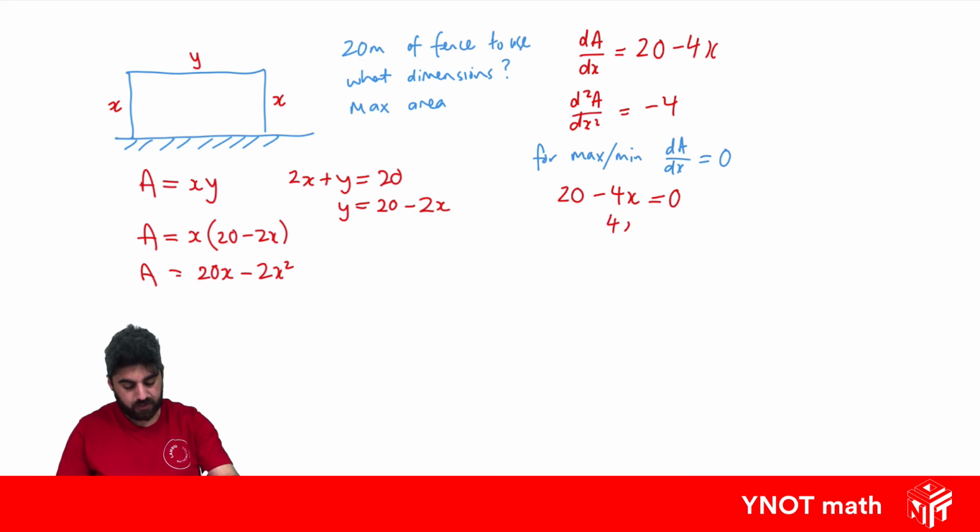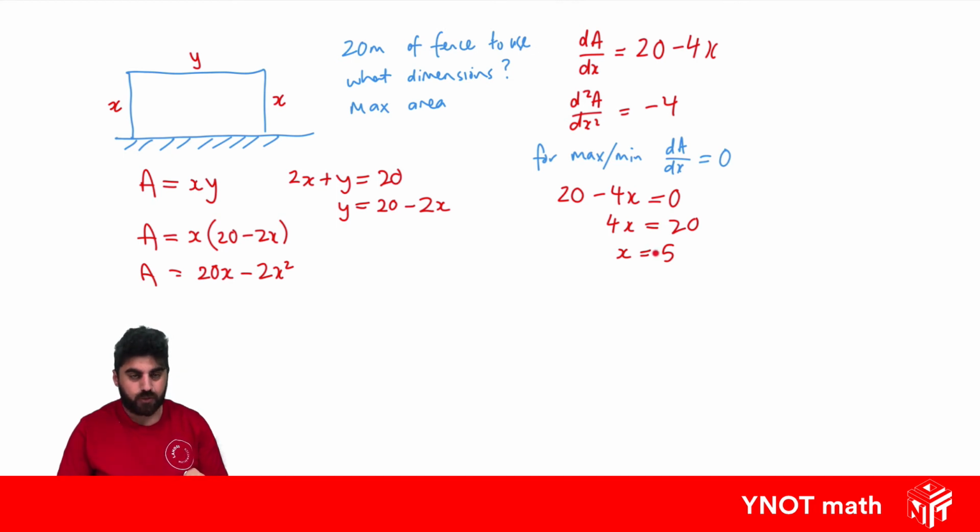So we'll solve for x. We can add 4x to both sides, and we'll get 4x equals 20, divide both sides by 4, and we'll get x equals 5.